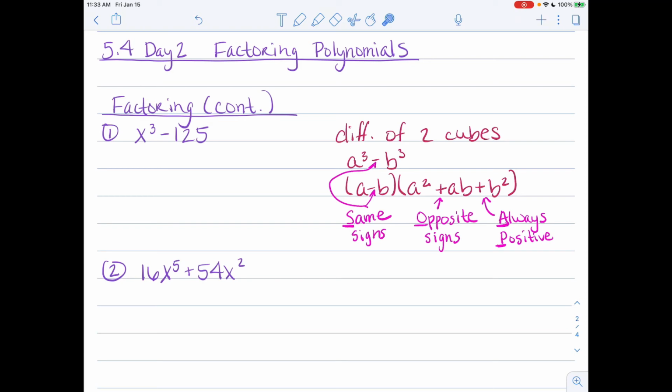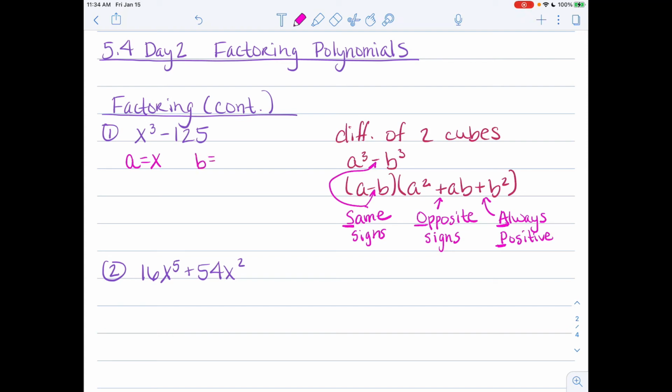Now, what we want to do is figure out what our a value and our b value are so that we can plug into this equation. So I need to take the cube root of x cubed to determine my a value. And so a is just going to be x, because if I multiply x by itself 3 times, I get x cubed.